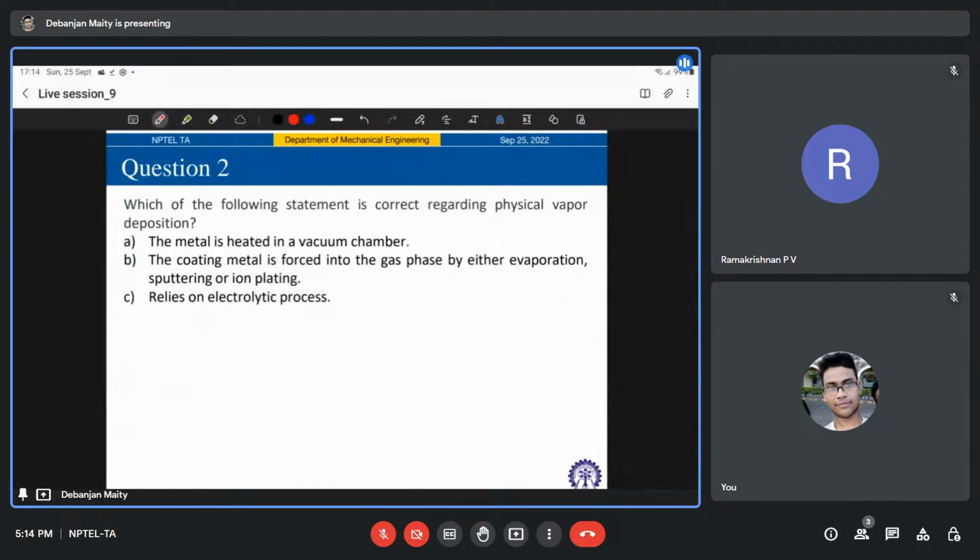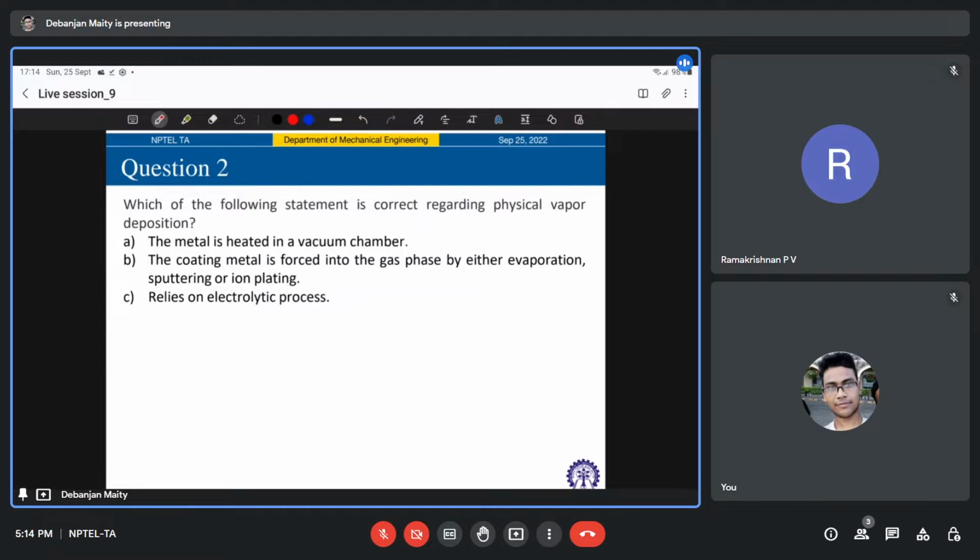Now in question 2, we need to figure out which one is correct in terms of physical vapor deposition. In physical vapor deposition, initially a cleaned workpiece is placed in a vacuum chamber, and then the chamber is heated, and some kind of plasma is created from an inert gas such as argon.